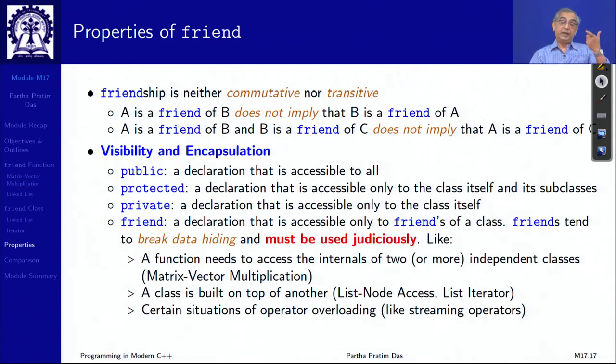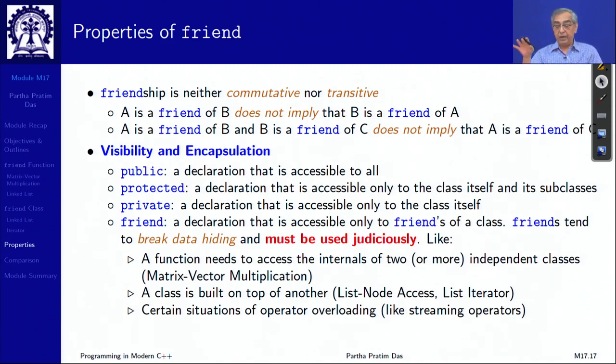It could be an external function or a global function or a member function or a template or any class or a class template. So, the friend will break the encapsulation, it will break the data hiding property, and therefore, it must be used very judiciously.